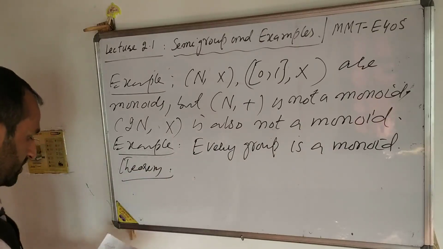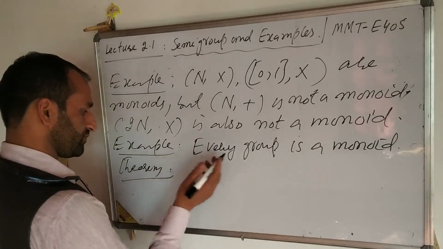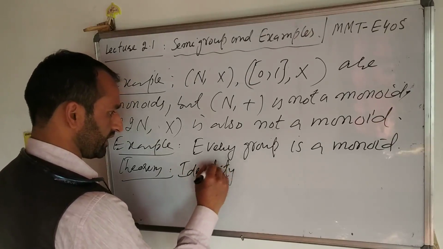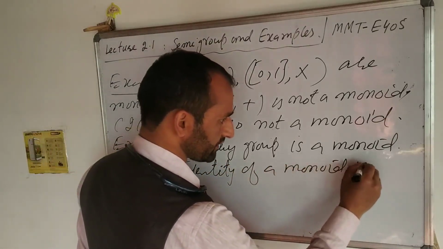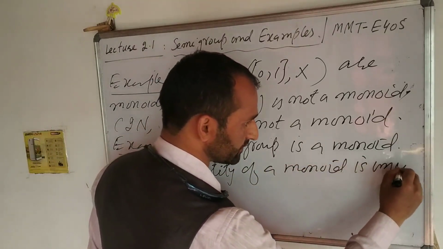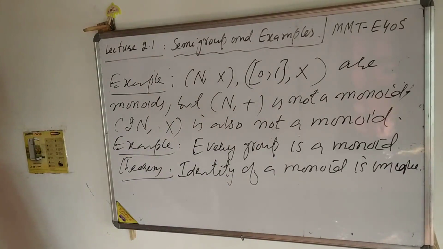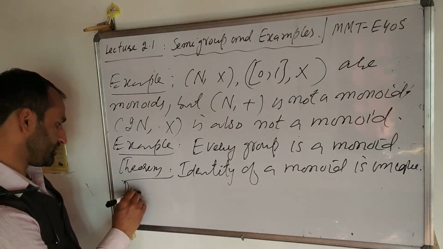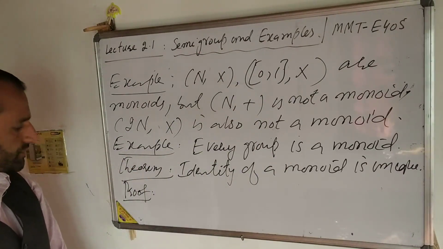Identity of a semigroup is unique, or you can say identity of a monoid is unique, because a monoid has identity. So the proof is very simple. You assume, suppose, it has two identities. Suppose the monoid has two identities.